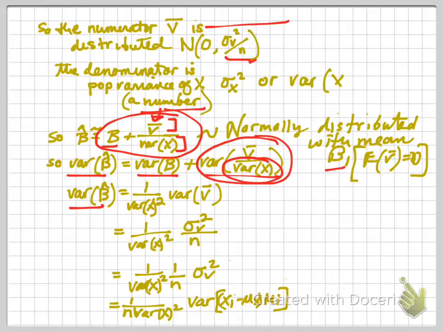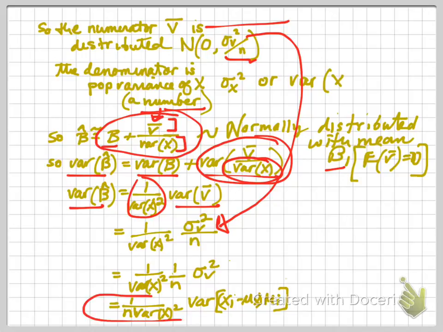Remember, variance of x is just some number, so by the rules of taking variance, we bring that out as a square, so we have 1 over the variance of x squared times the variance of v bar, which is sigma v squared divided by n. Then we bring the n over to multiply the variance of x, and we end up with this expression where I've substituted back in for what the variance of v is.